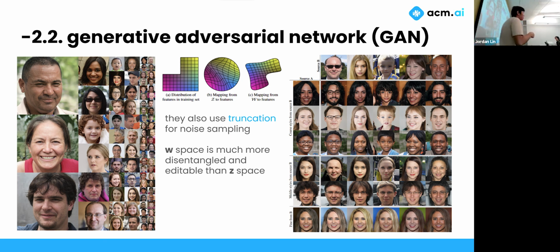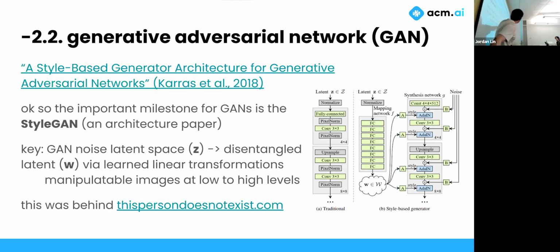If we were to interpolate between them in the Z space, it will eventually go from me not having glasses to me having glasses, but in the middle, I may start smiling and then stop smiling, AKA the features are not disentangled. However, what this mapping network allows us to do, because this is directly fed into all of these layers, is that this W space here is disentangled.